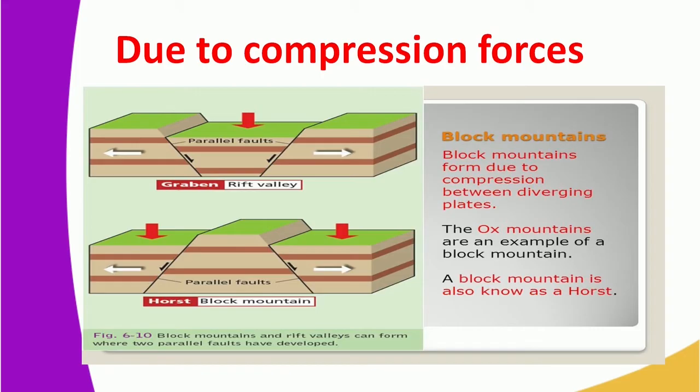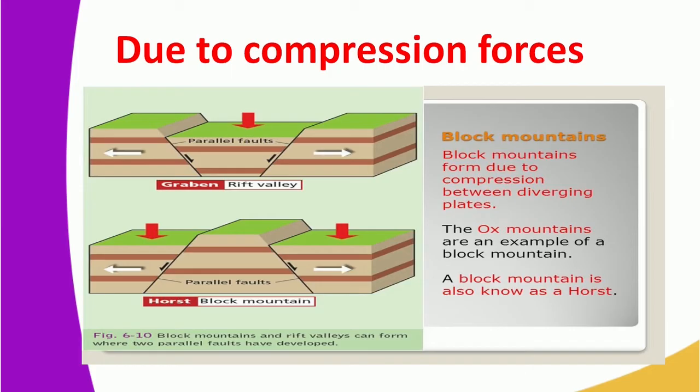So when the rocks are pushed towards each other, some part is going to sink, while another part is going to rise up above the land surface. For compressional forces, the land that rises up from the other surface is still going to be called the horst block.